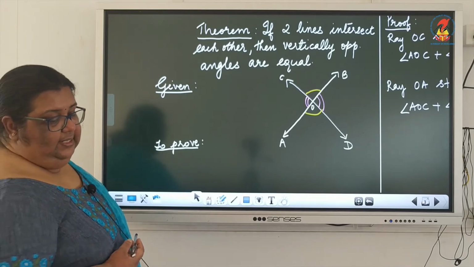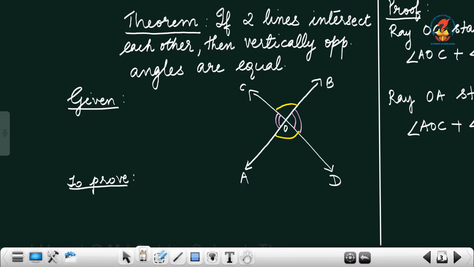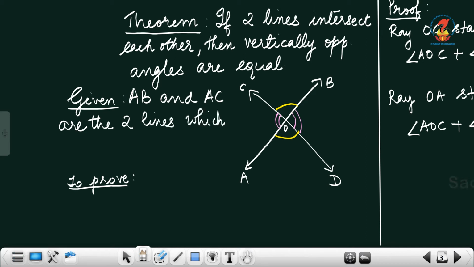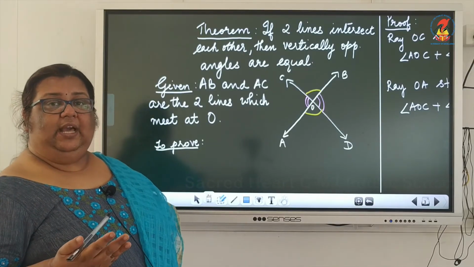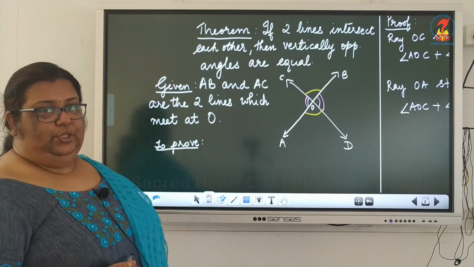So you can write AB and AC are the two lines which intersect at O, or which meet at O.